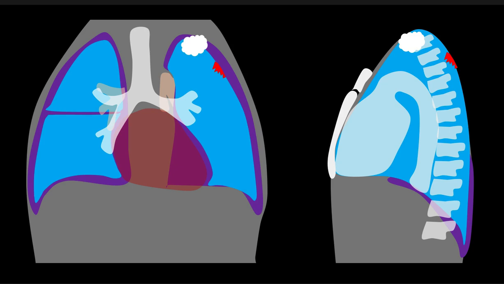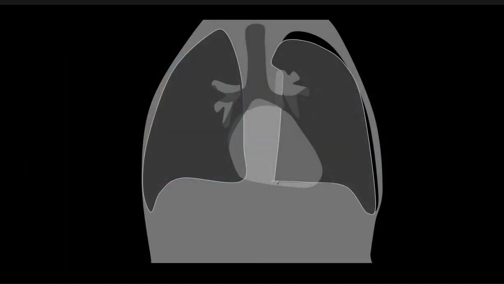So when you've got an upright study, you're going to want to look right at the apex first. Typically, it's going to be more black than the adjacent lung.